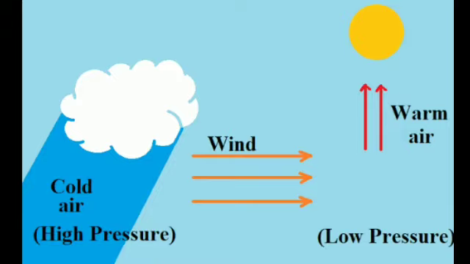Okay, see, again I'm explaining. Whenever the temperature is hot, the air becomes light in weight. Means the heated air is light in weight, and when it cools down, it becomes heavier in weight. Understood, student?